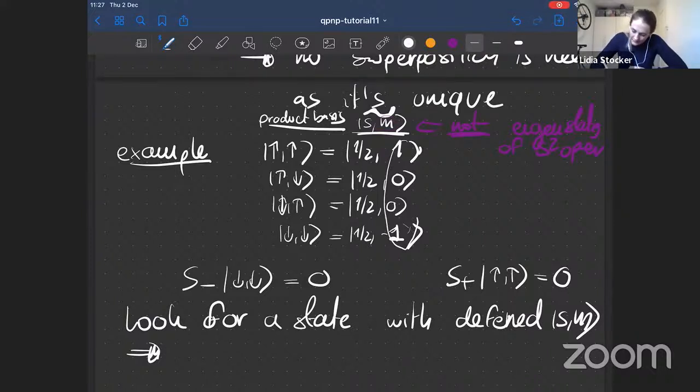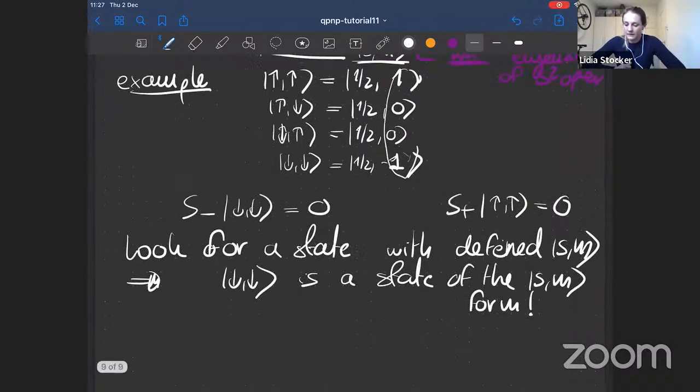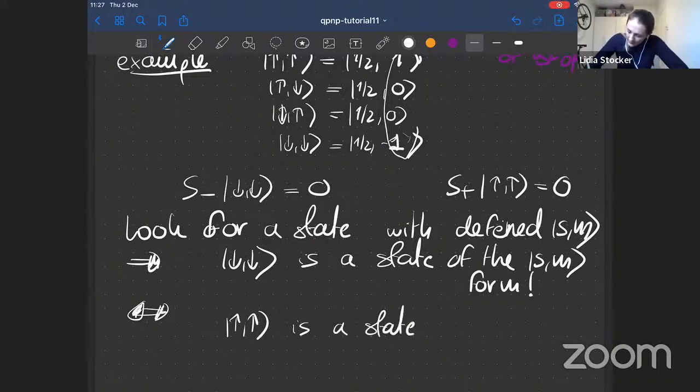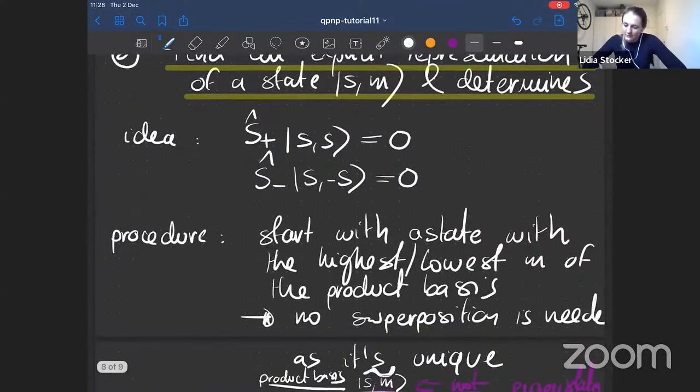So down down is a state of the SM form. Okay, is this concept clear? Similarly, we can conclude that up up is also a state of SM form. But we only need one for an SM space, and then we construct the others with ladder operators. So this is exactly the first step: start with a state with the highest or lowest M.